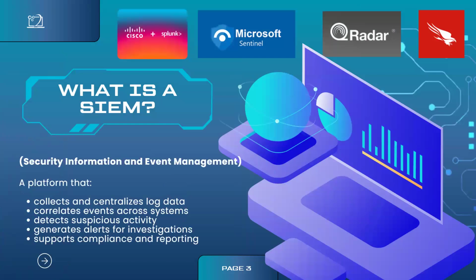For the definition, SIEM stands for Security Information and Event Management. Basically, it's a centralized dashboard that collects data from different devices, both hardware and on the cloud. It correlates events across systems, detects suspicious activity, and generates alerts in order for you to investigate. It also supports compliance and reporting.